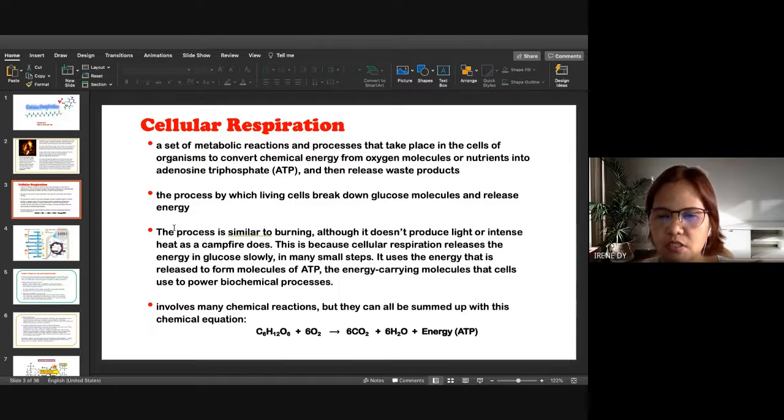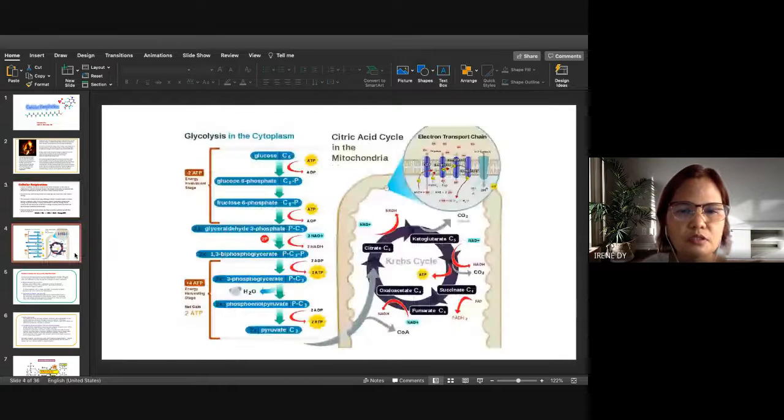And photosynthesis is the most important chemical reaction on Earth because it is the process that provides energy and provides oxygen to every living organism on Earth. So here we have C6H12O6, 6O2, 6CO2, 6 water, plus energy and ATP. Okay? So ito na yon.